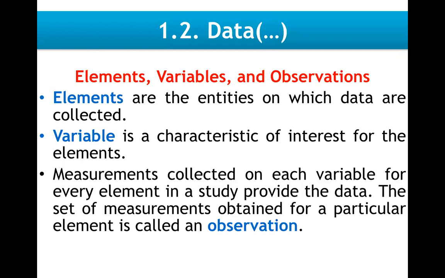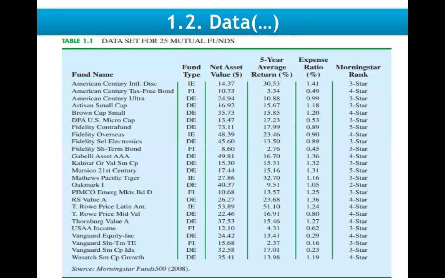If we go back to the same Table 1.1, each individual mutual fund is called an element. The element names appear in the first column with 25 mutual funds, and the data set contains 25 elements.